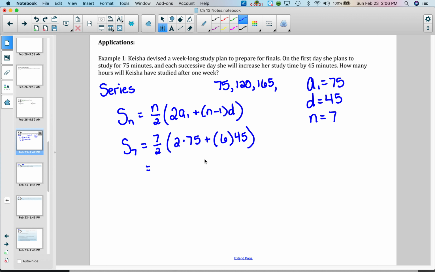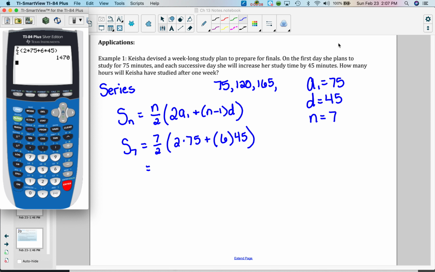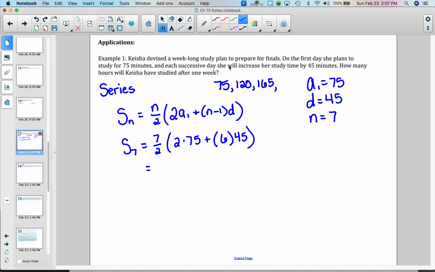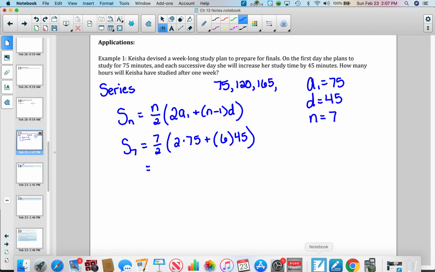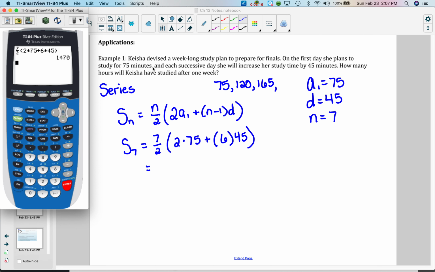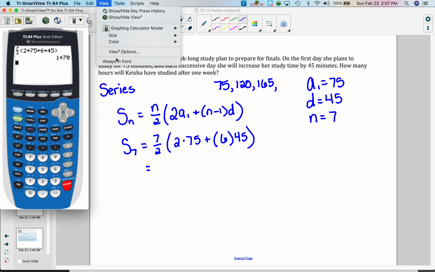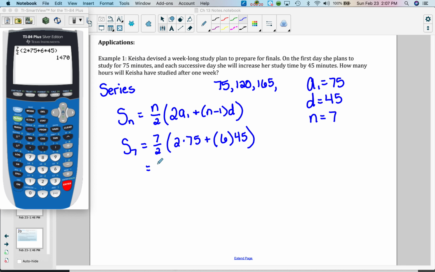And then you could grab your calculator. And when you evaluate that, we get 1,470.